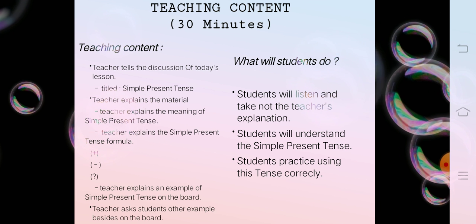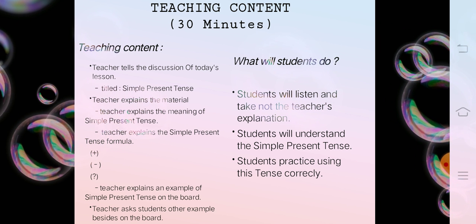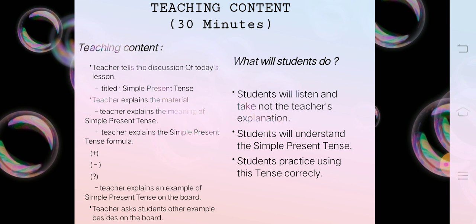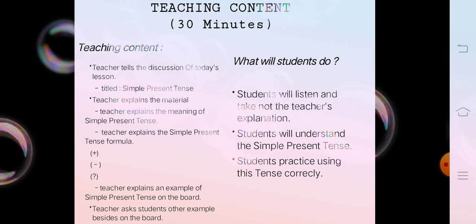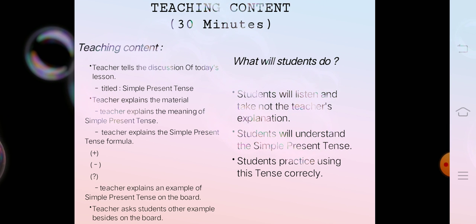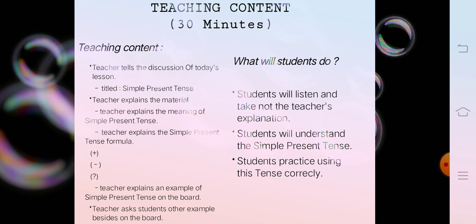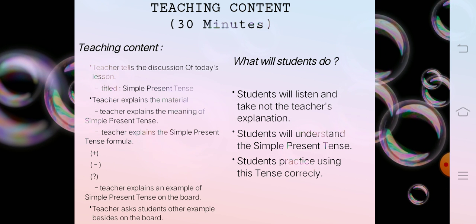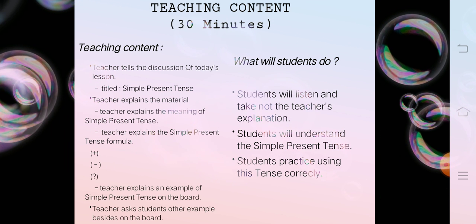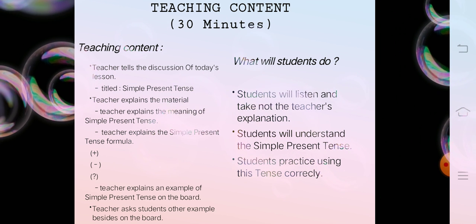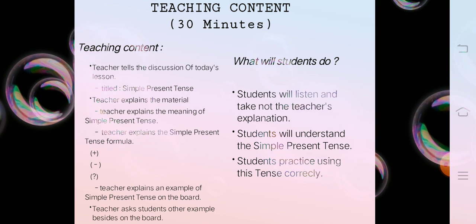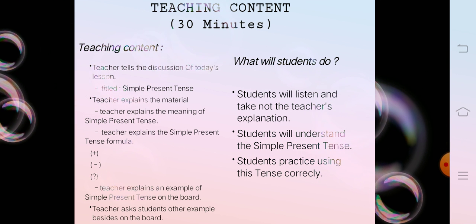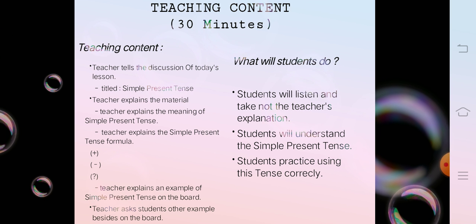For a positive sentence, the formula is subject plus verb 1 plus es or s plus object. For example, Susan helps her aunt in aunt's flower shop. In a negative sentence, the formula is subject plus do or does plus not plus verb 1 plus object.